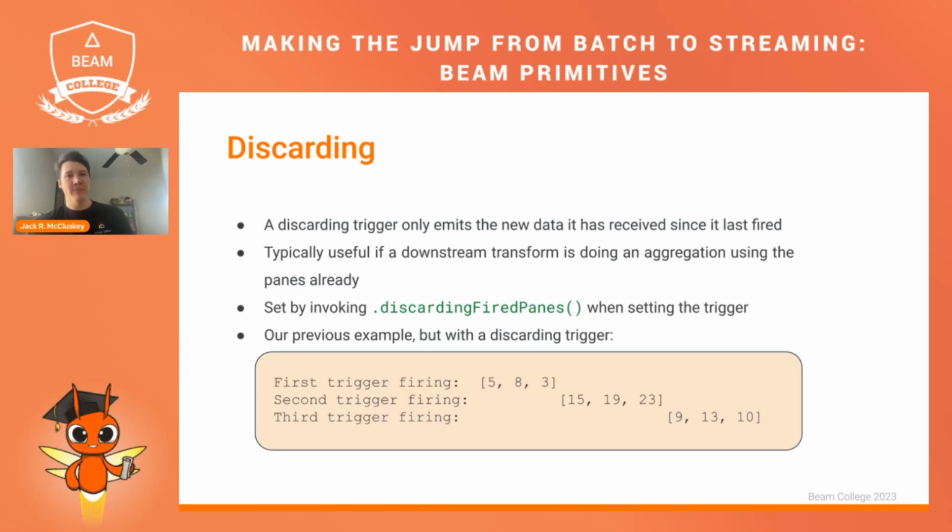If you're setting this with discarding fired panes, what will happen is your first trigger fires, you get the first 3 elements, 5, 8, 3. Second trigger fires, you get 15, 19, 23. You don't get the first 3 elements. And then the third trigger fires, you get 9, 13, and 10. You do not get any of the previous elements.